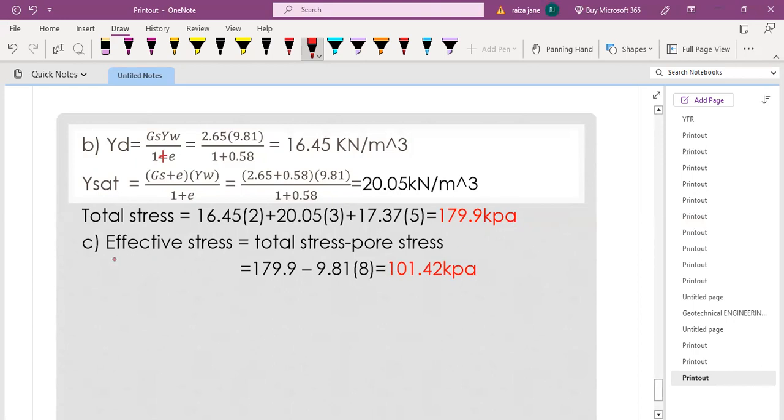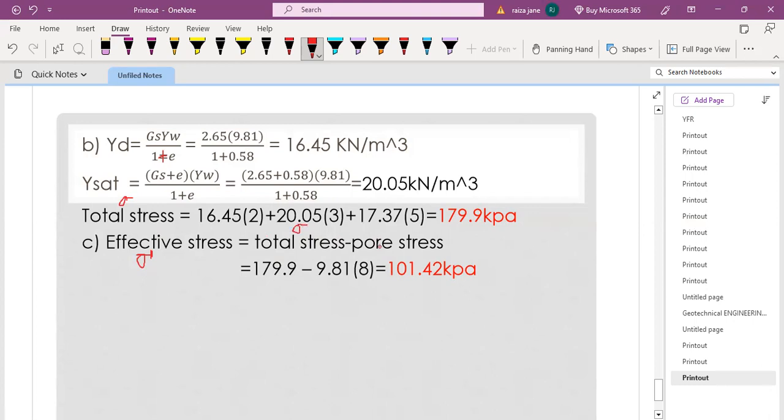So, yung effective stress naman, yung symbol ng total stress natin will be ganito lang siya. While the effective stress naman, ganito, mayroon siyang parang kuwit na ganyan. Tapos, total stress, yun.